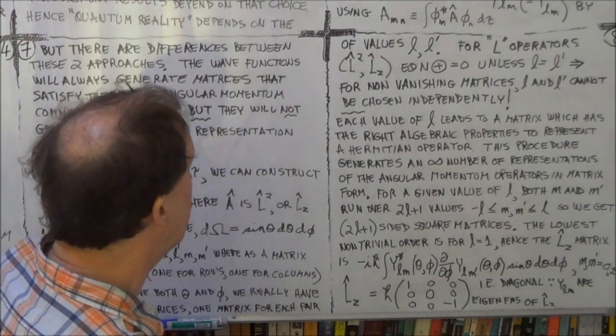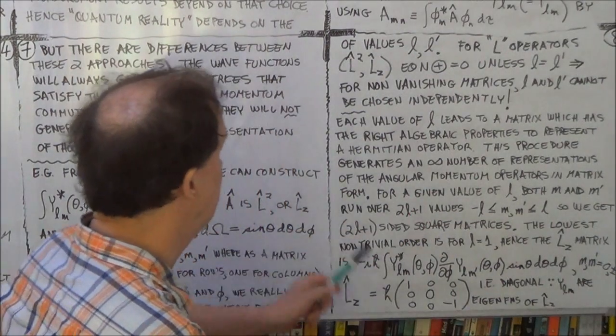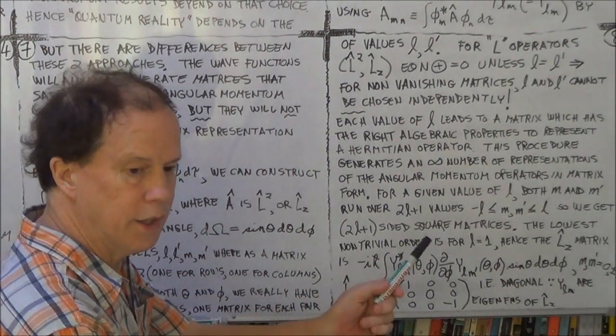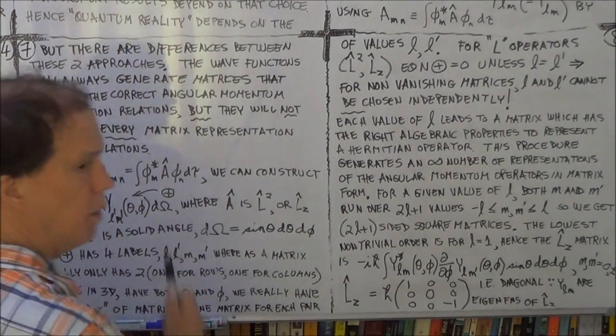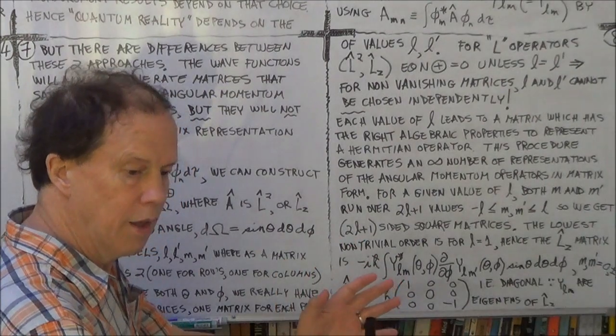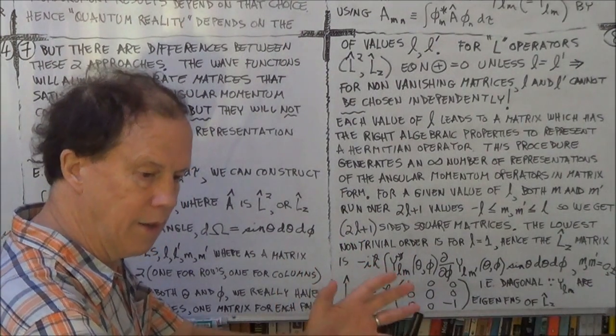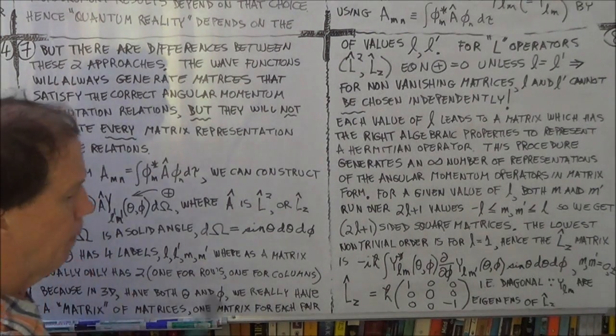All right? That's what I'm saying here. By doing this kind of thing, you fix the L, and that gives you a 2L plus 1 squared matrix. You use that set of matrices, and they represent the operator here.